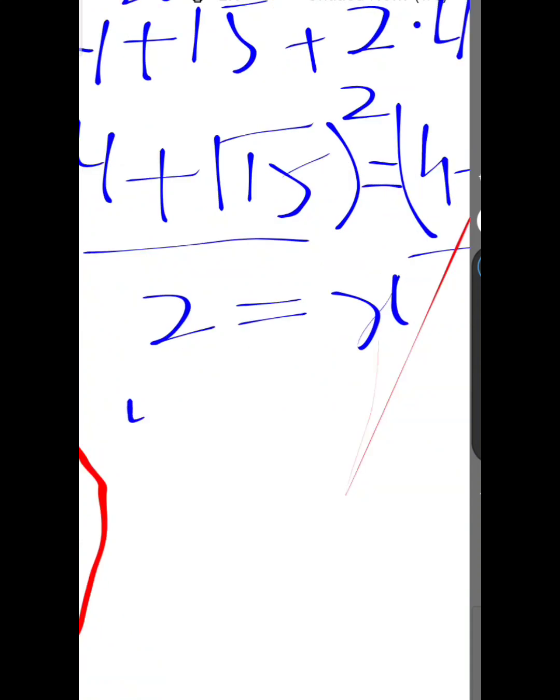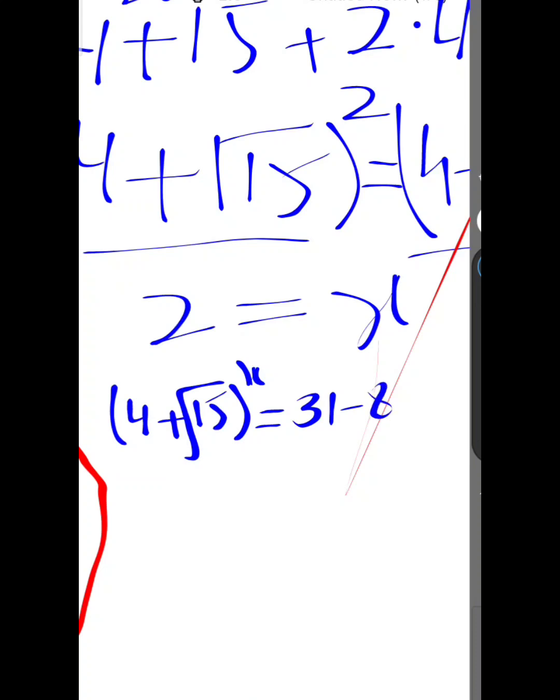Here we have found the first value of x. Now we take the negative value, 31 minus 8 times square root 15, while 4 plus square root 15 with power x stays the same. Splitting it here, 16 plus 15 minus 2 times 4 times square root 15.